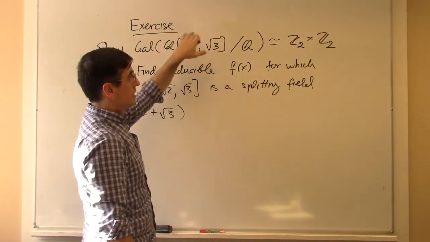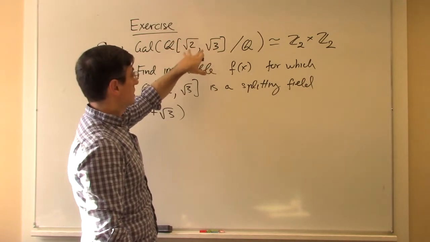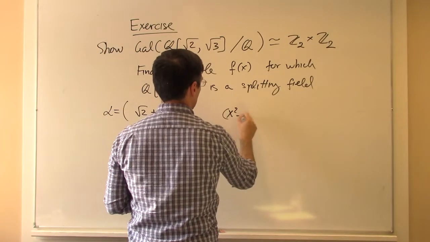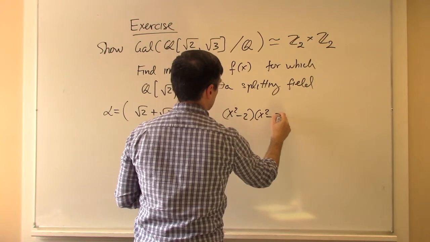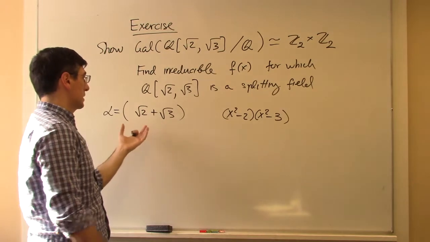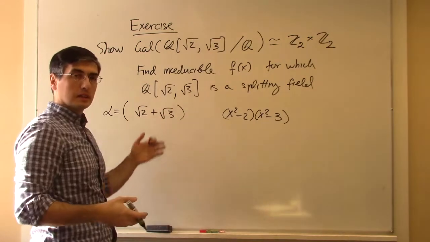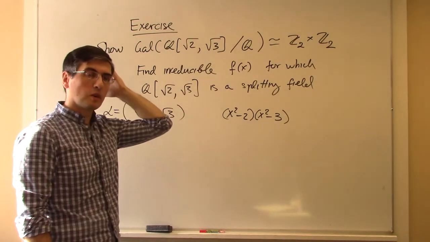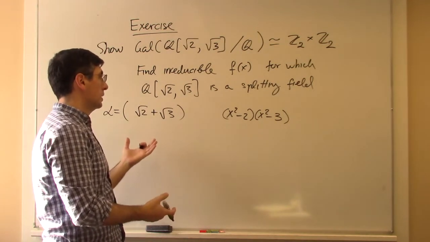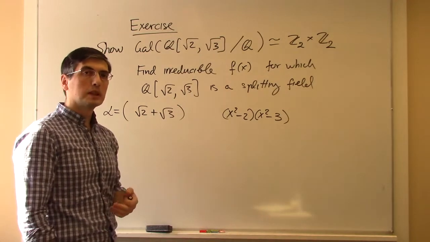But this extension has degree 4, and it is obviously normal because it's a splitting field of x squared minus 2, x squared minus 3. So this is a normal extension, which means that the degree 4 polynomial actually splits here. This is that strange fact that I mentioned, that if you have a normal extension, then any irreducible polynomial that has a root in that extension will actually split completely.